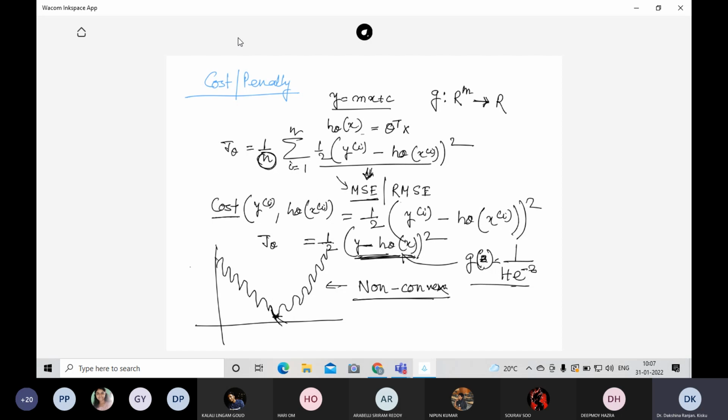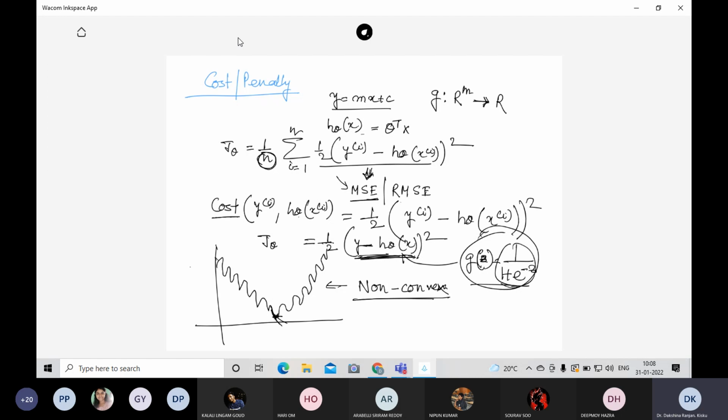Okay, or minimized penalty. So when we fit this logistic regression representation into this error function, cost of y comma h theta x equals to half of (y minus h theta x) squared, we will see this type of non-convex curve.